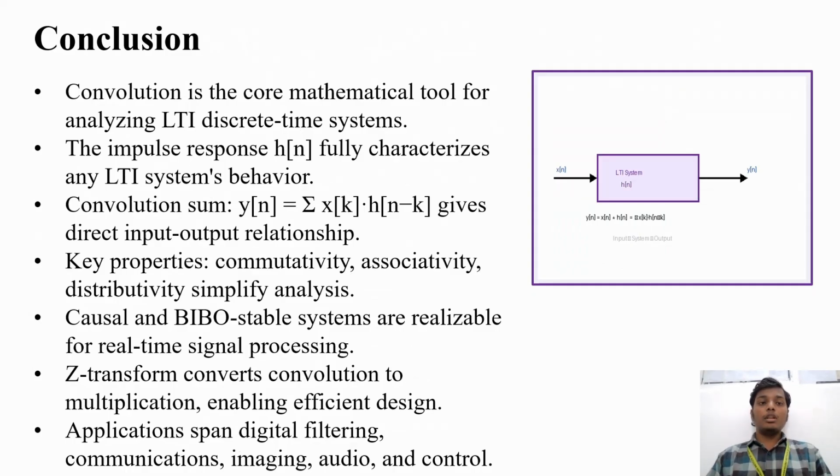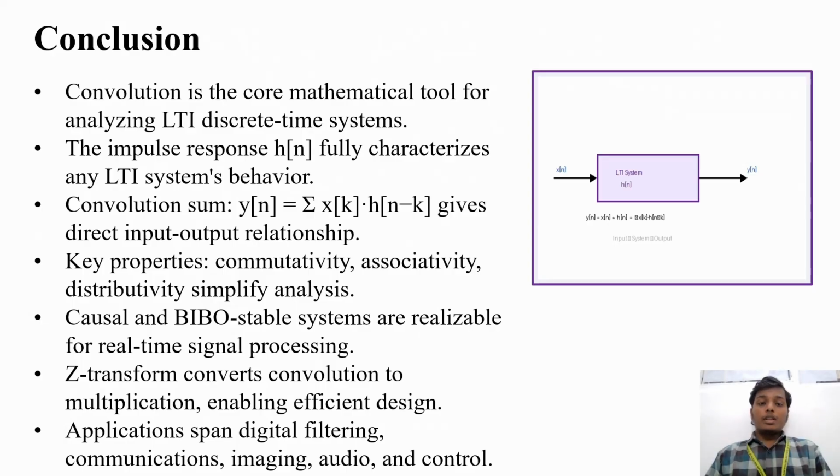And then conclusion. Convolution is the core mathematical tool for analyzing LTI discrete-time systems. The impulse response h[n] fully characterizes any LTI system's behavior. The convolution sum y[n] equals summation x[k] times h[n minus k] gives the direct input-output relationship.